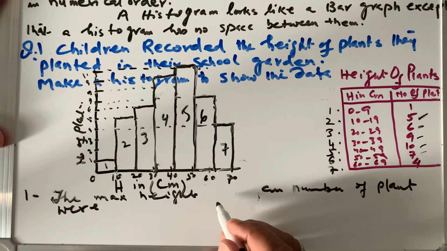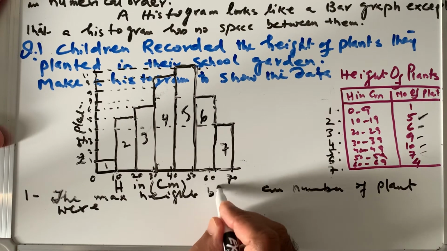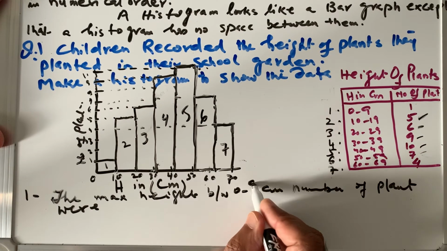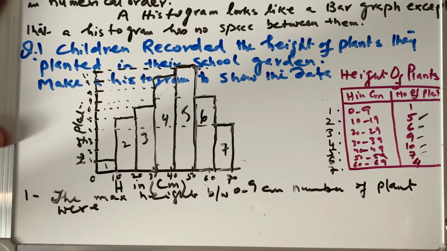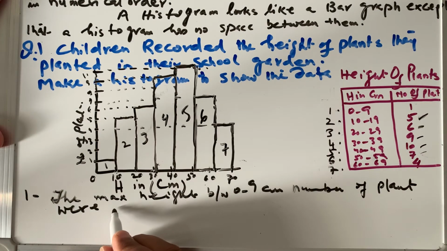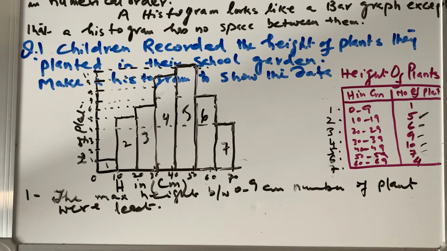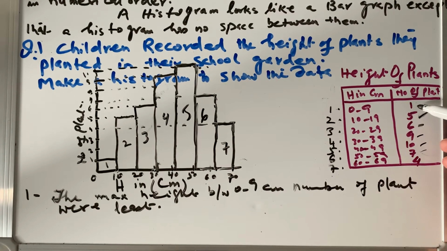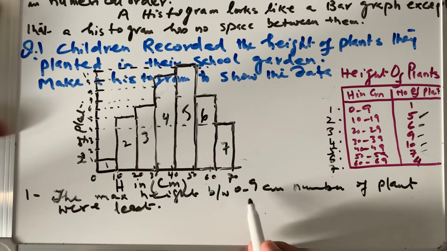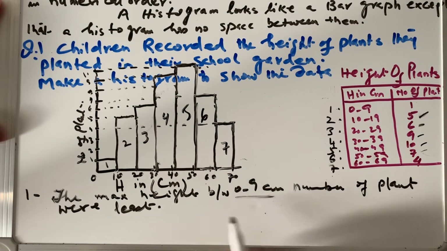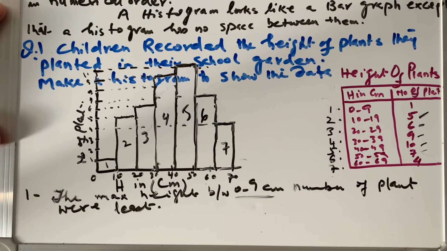The plants with height between 0 and 9 centimeters were least in number. Least means 1. 0 to 9 centimeters was 1. So we are making an inference that for height between 0 to 9 centimeters, the number of plants they planted was least.